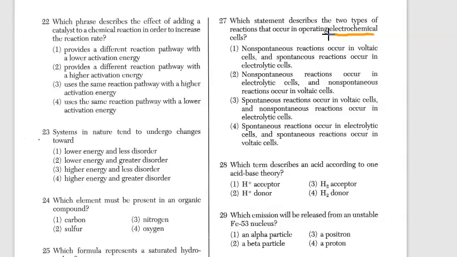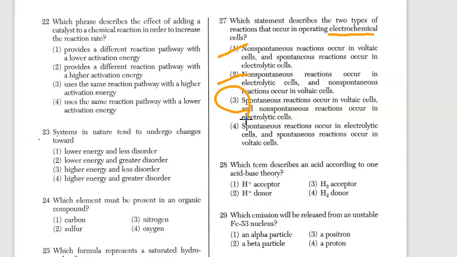With that information, let's just run down the choices. So choice 1, non-spontaneous occurs in voltaic. That's wrong. Throw it out. Non-spontaneous occurs in electrolytic and non in voltaic. That's wrong. Spontaneous occurs in voltaic and non-spontaneous in electrolytic. There's my answer.